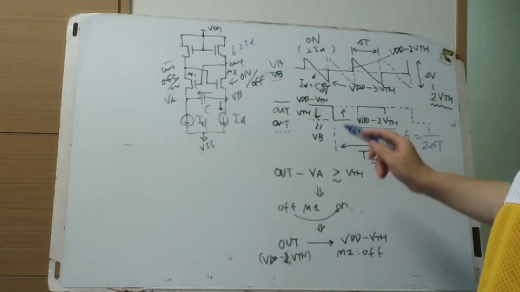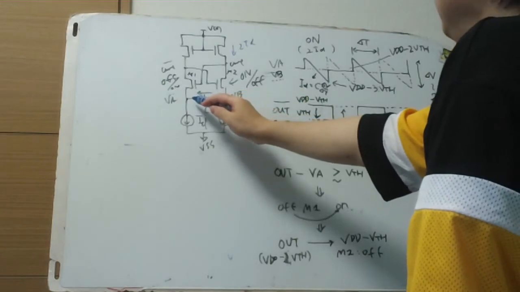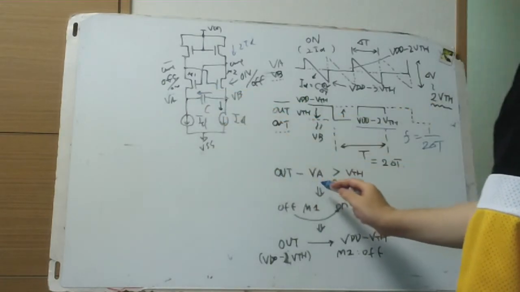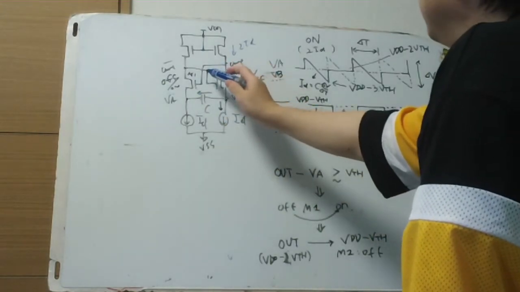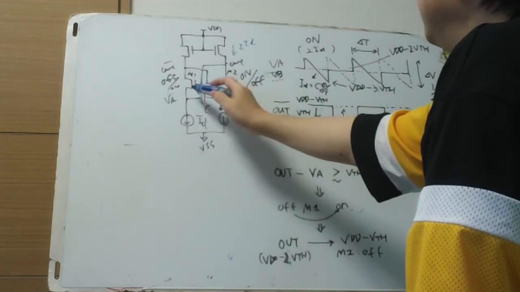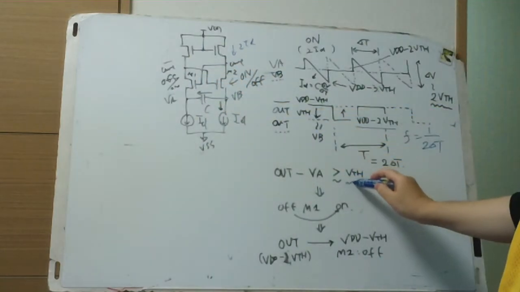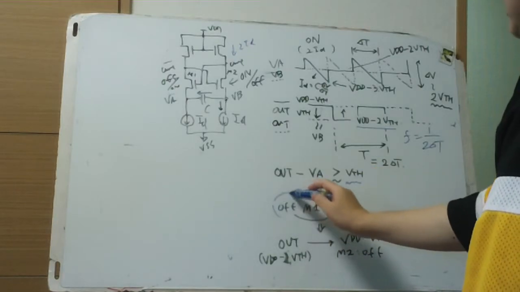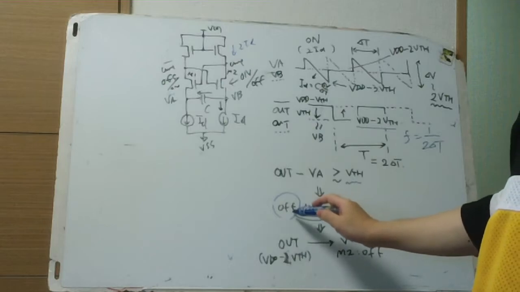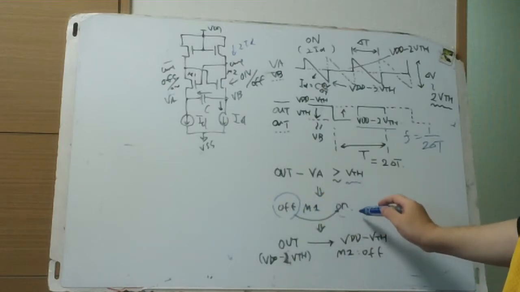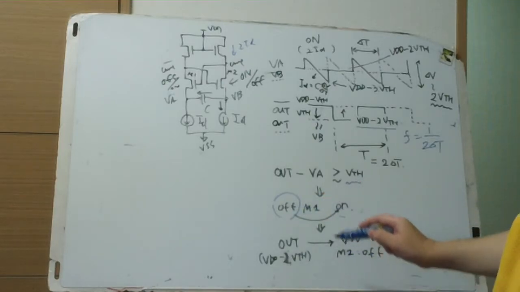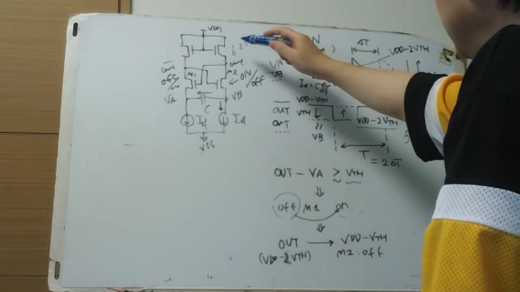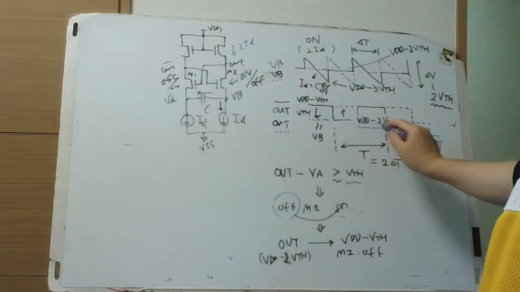And when VA equals out, and VGS of M1 is larger than or equal to VTH, M1 changes its state from off to on. And out this time is going to VDD minus 2 VTH.